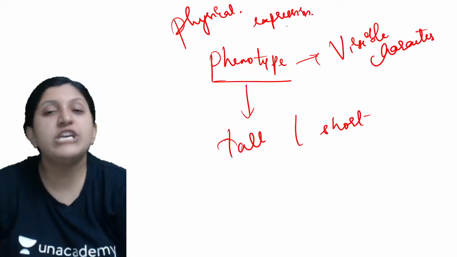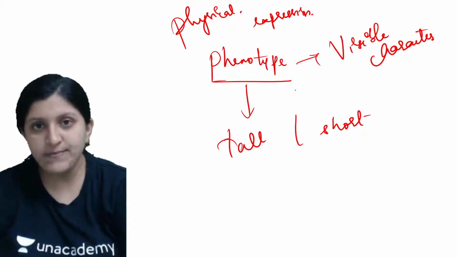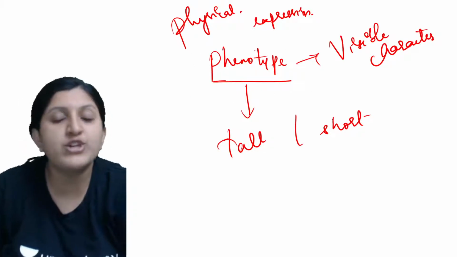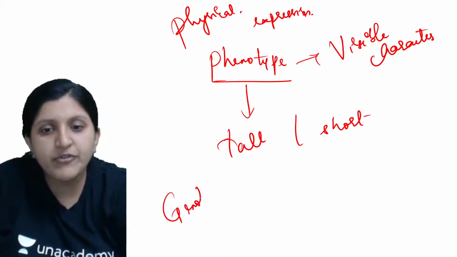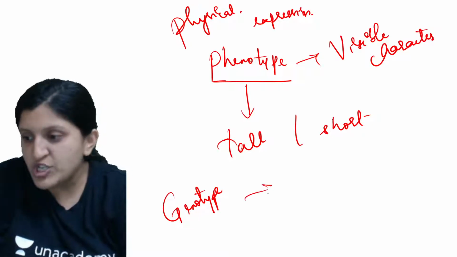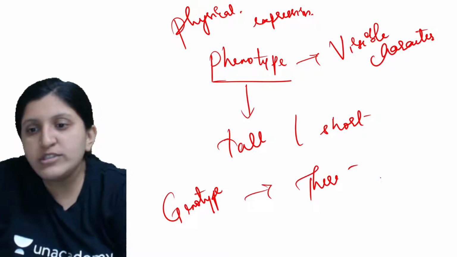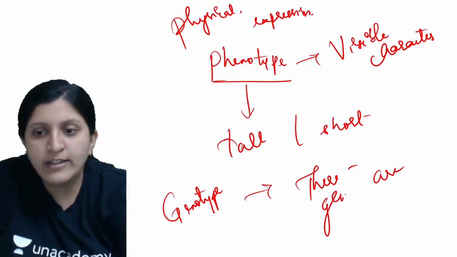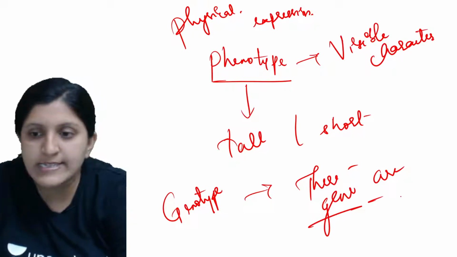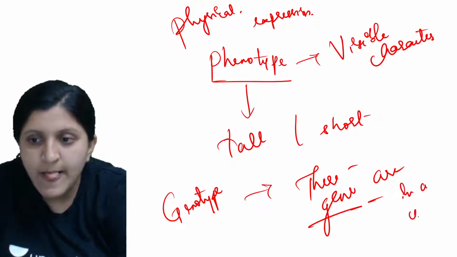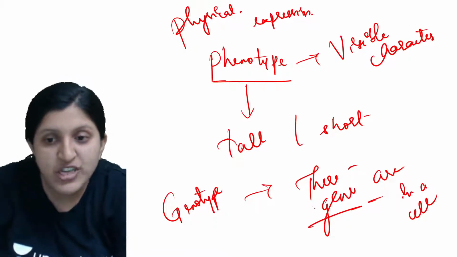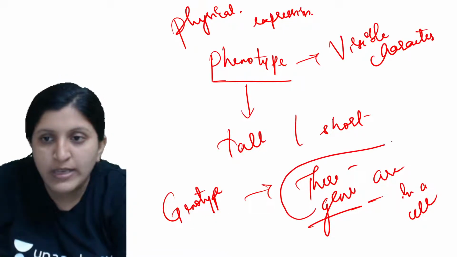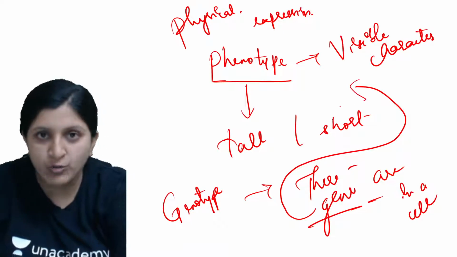All right, so genotype is the genes which are controlling the expression of the phenotype. When we mention genotype, there are genes in a cell of an organism, and these genes are controlling the expression of the phenotype.